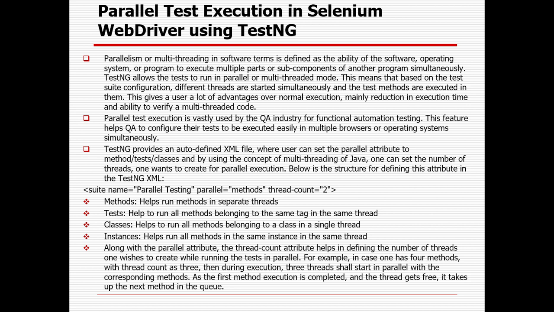That is the reason parallel or distributed testing is really important, even if you can run with multiple browsers or multiple ways. Parallelism or multi-threading in software terms is defined as the ability of the software, operating system or program to execute multiple parts or subcomponents of another program simultaneously.